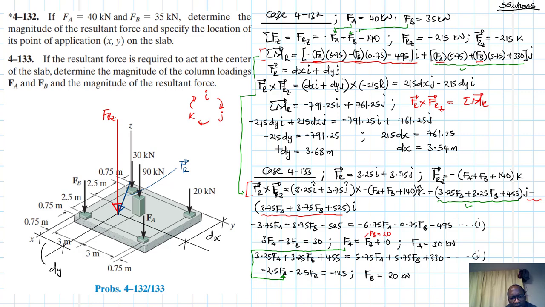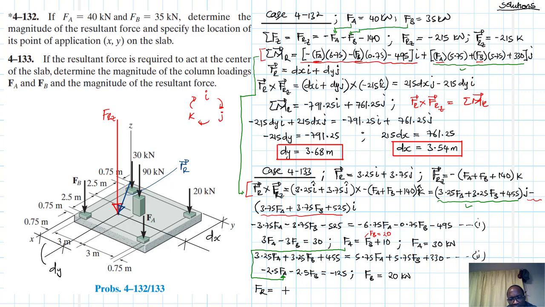Alright, so let me just outline the final solutions. We have our location. We have a dy there. That's the location for the first case, dy and dx, in the xy plane. Then let me finish off the resultant. We are also asked the resultant, right?